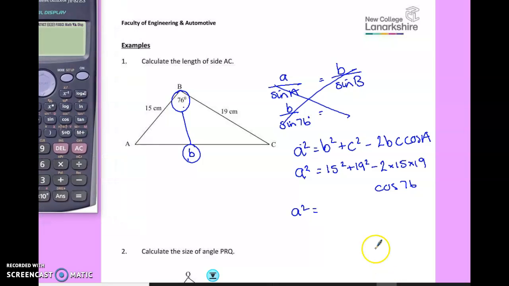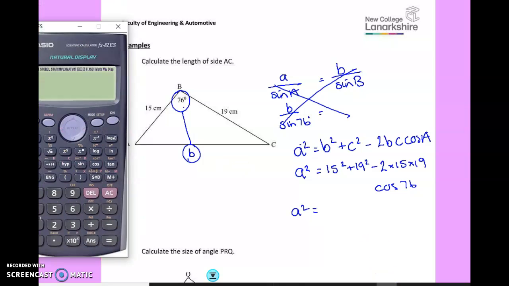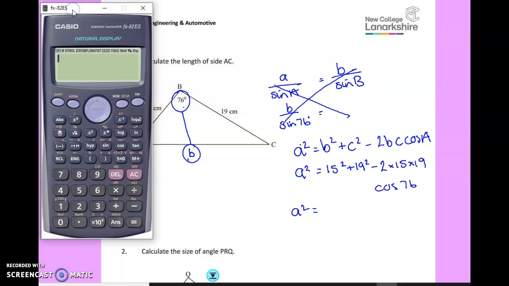So a squared is, calculator always goes up to that corner where you can't see it. 15 squared plus 19 squared minus 2 times 15 times 19 cos 76.